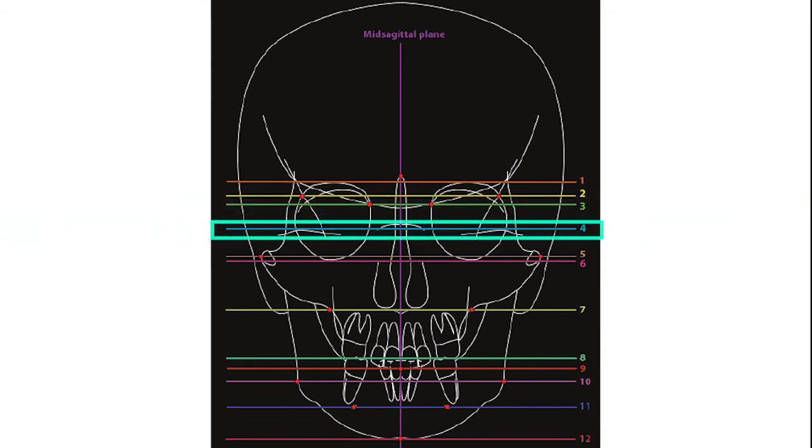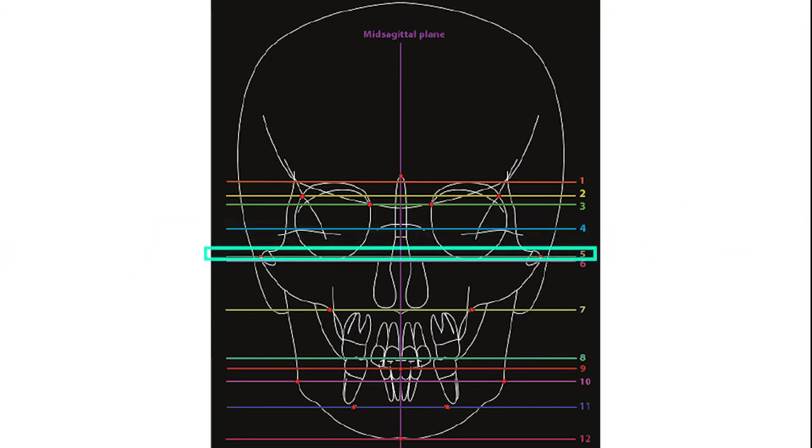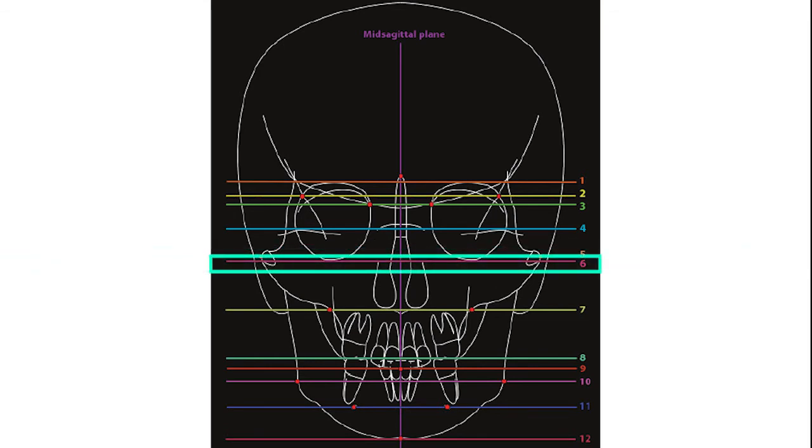Transverse plane. It is a line connecting the most superior point on the outline of the left and right petrous part of the temporal bone. Interzygomatic plane. It is a line connecting left and right zygoon JY points. The next is the inferior transorbital plane.